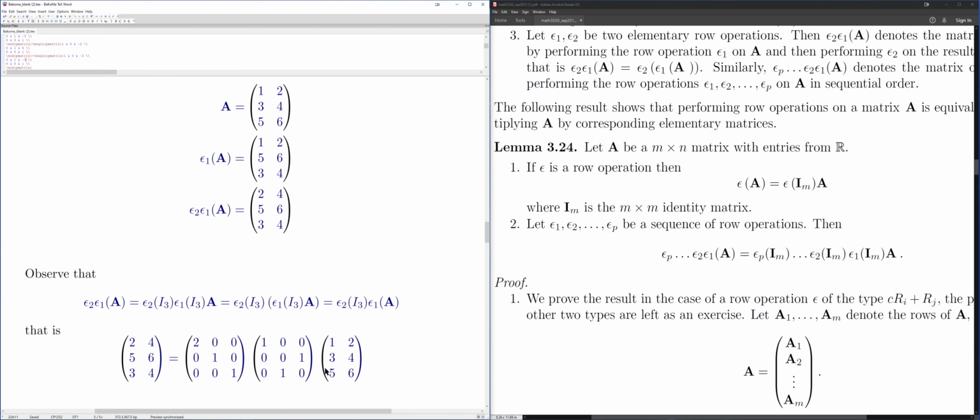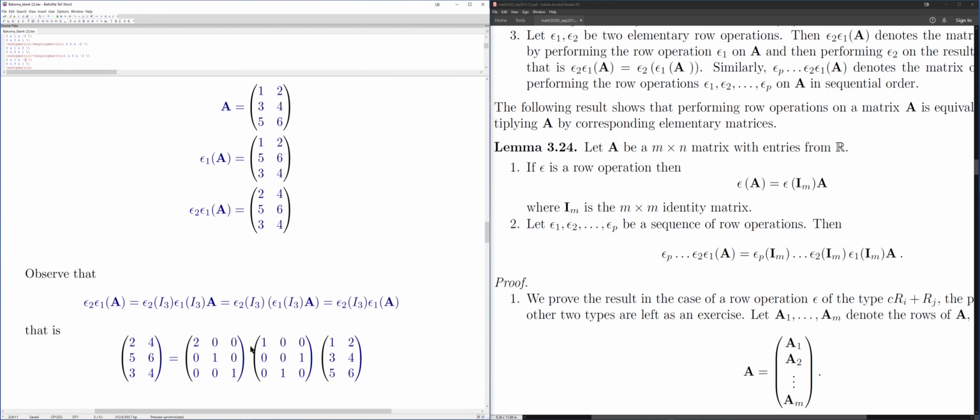So this is my original matrix A, and this elementary matrix over here is telling me to switch the bottom two rows, and this elementary matrix over here is telling me to multiply row 1 by 2. When I multiply first by this elementary matrix in the middle, if I just consider the product of these two, that switches row 2 and row 3.